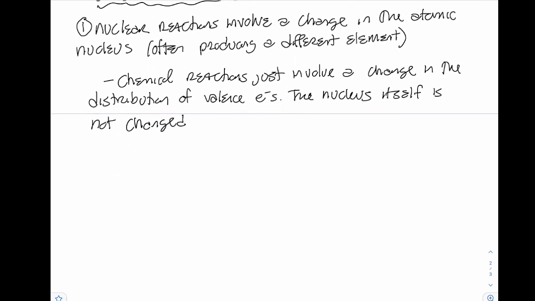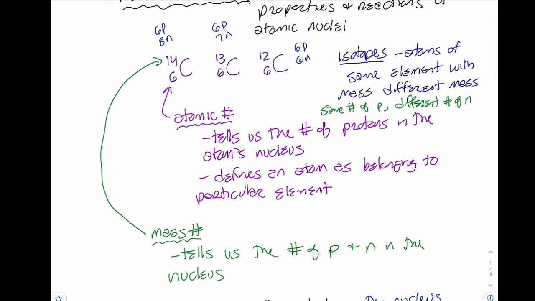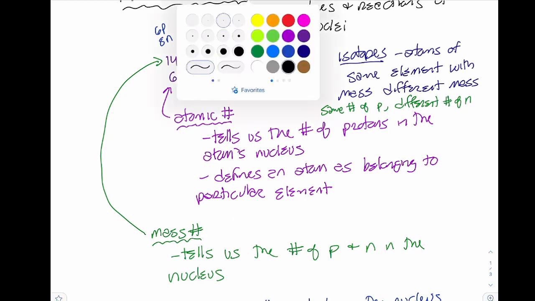Because of that, number 2, different isotopes are going to behave differently in nuclear reactions, because their nucleus is different. In chemical reactions, they're going to behave the same because the nucleus is not part of it. If we go back up here and look at electrons, remember, if our atom is neutral, my number of protons is equal to my number of electrons.